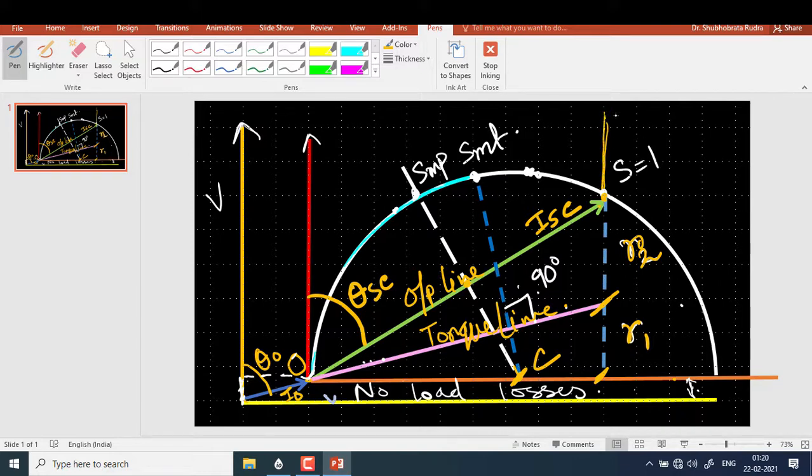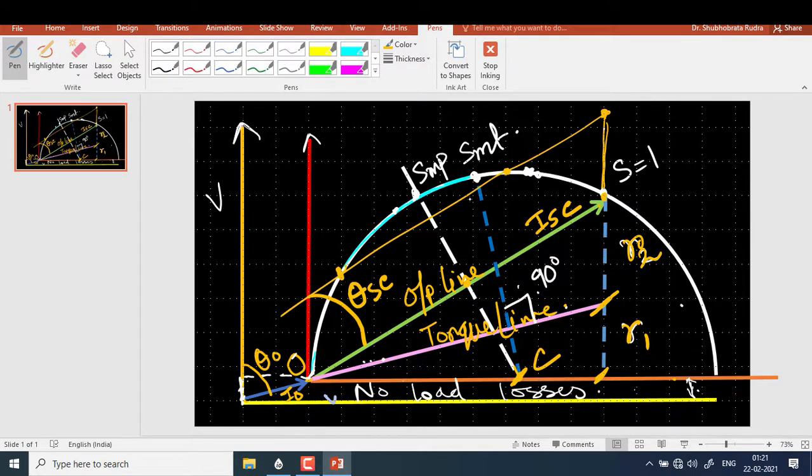Now from the tip of that vertical line you draw a line parallel to your output line. Let that line cut your torque slip characteristics, your circle, at 2 points.